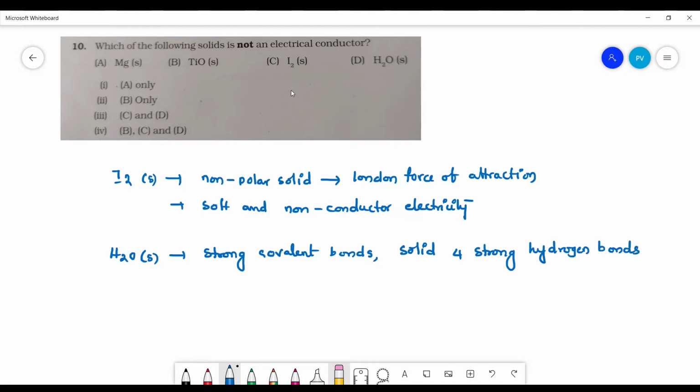Due to this, it is a non-ionic solid and does not act as an electrical conductor. So iodine is not an electrical conductor and water is not an electrical conductor. So option 3, C and D, is the correct answer.